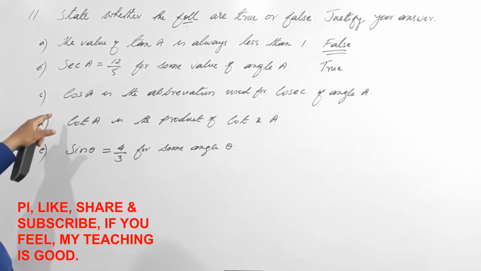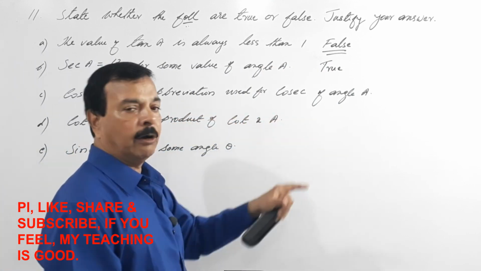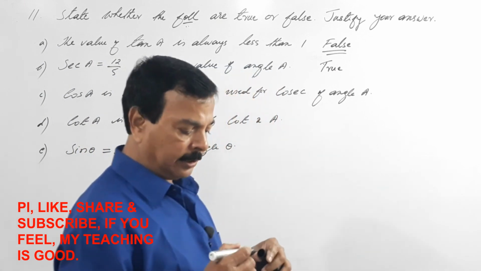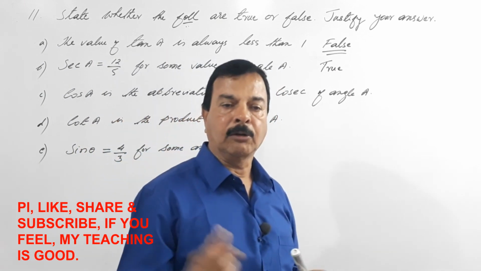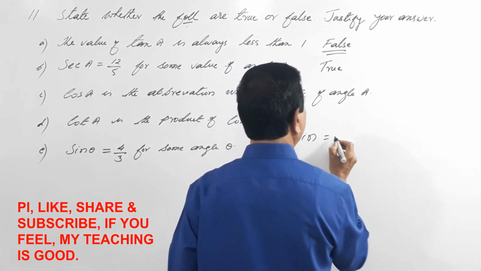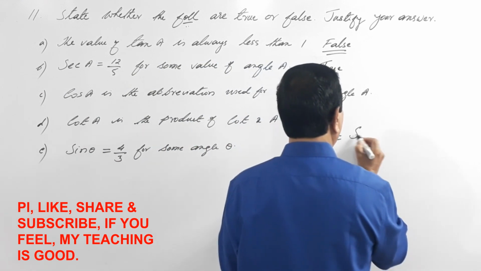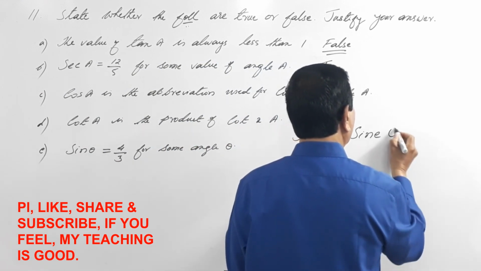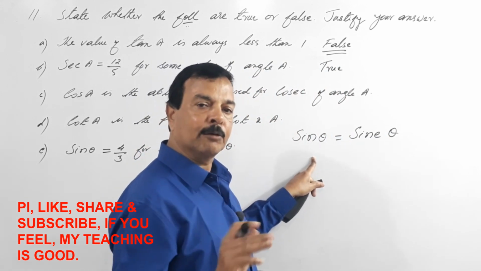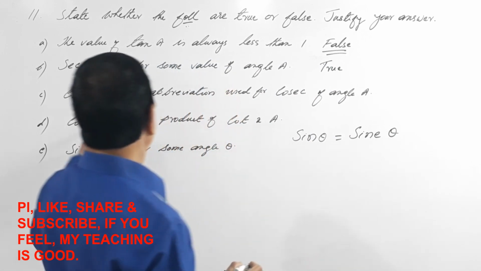Third one. Cos A is the abbreviation used for cosecant of angle A. See, I had told in the first class about cos theta, sin theta and all those things. Sine we usually call sin theta, S-I-N-E theta, but we write it as sin theta. What about cos?